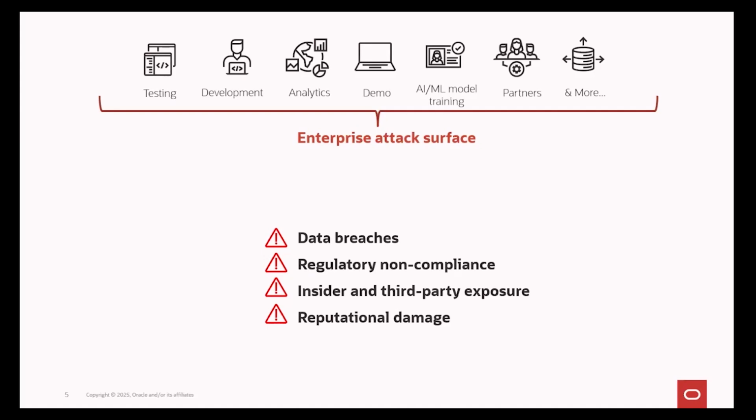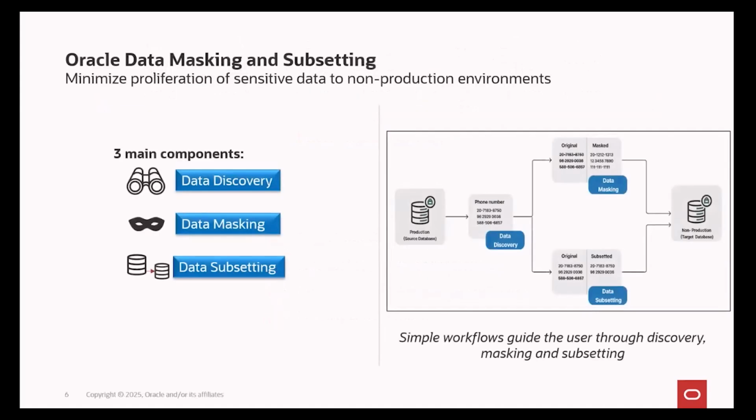So this is why we need a solution like DMS that helps you to reduce this risk by discovering, masking, or even subsetting the data before it's even shared. DMS is built around three key pillars: data discovery, data masking, and data subsetting, with data discovery as a prerequisite step where you will be locating your sensitive columns and then going ahead with either masking or the subsetting jobs.